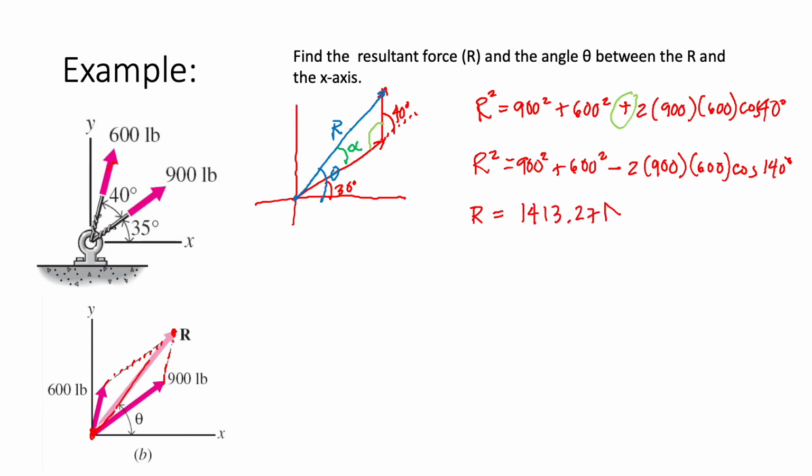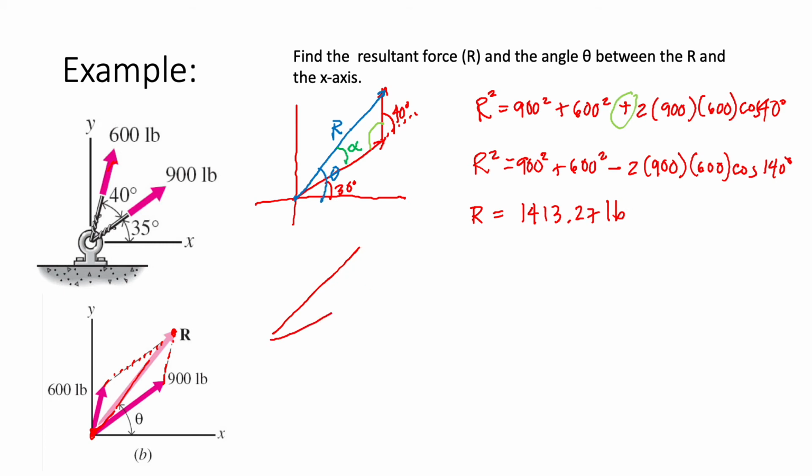1413.27 newtons. Oh, sorry, it's measured in pounds. Now, given this, we can get theta. But before that, let's first get the value of angle alpha.